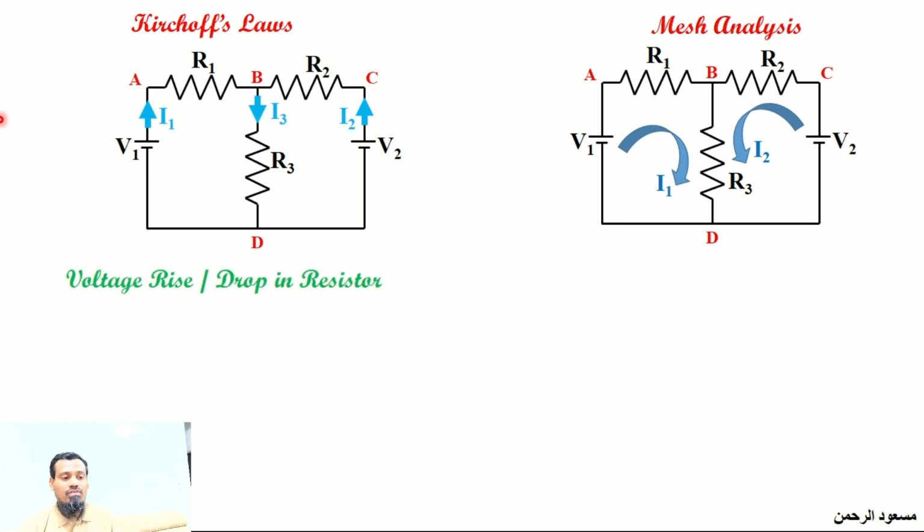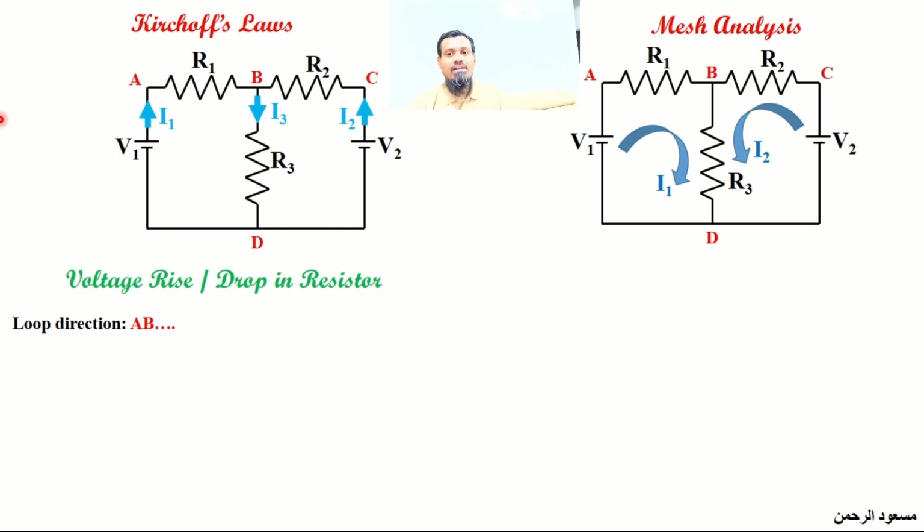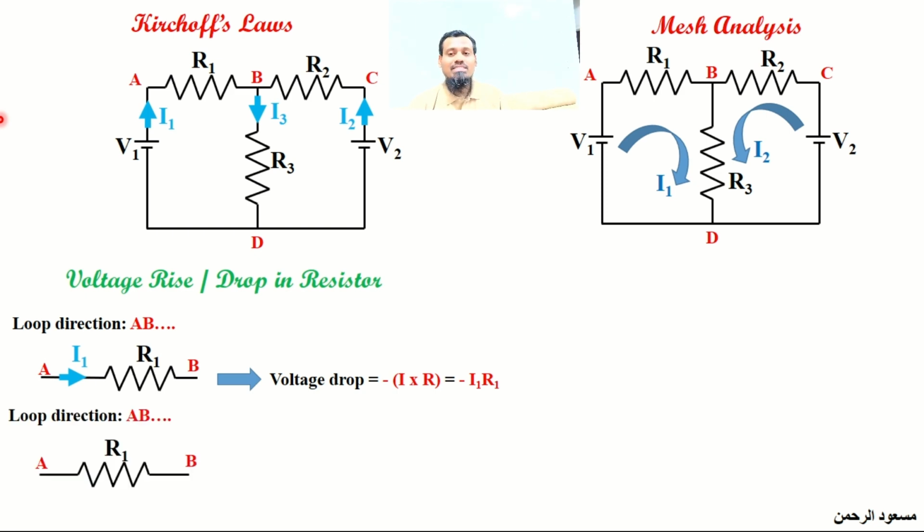After loop currents, we will be concentrating on voltage drop and rise in a resistor or in batteries. With reference to the travel direction, if the loop direction is also aligning with the assumed current direction, it is a potential drop. Whereas if the loop direction and the assumed current direction are opposite, it is called a potential rise.